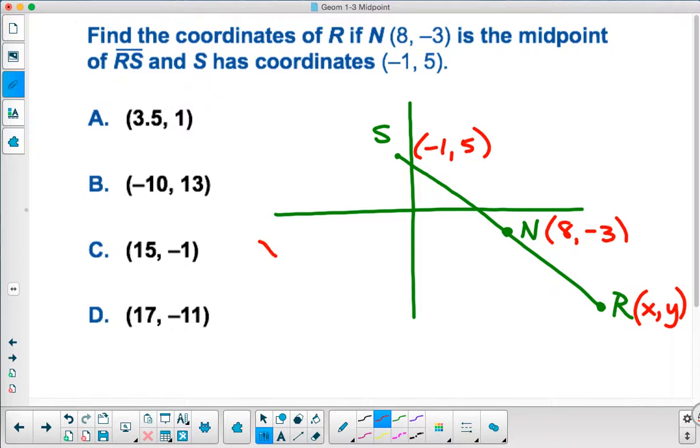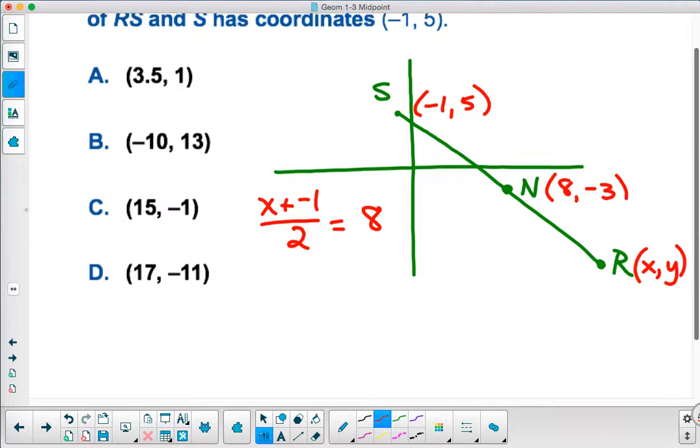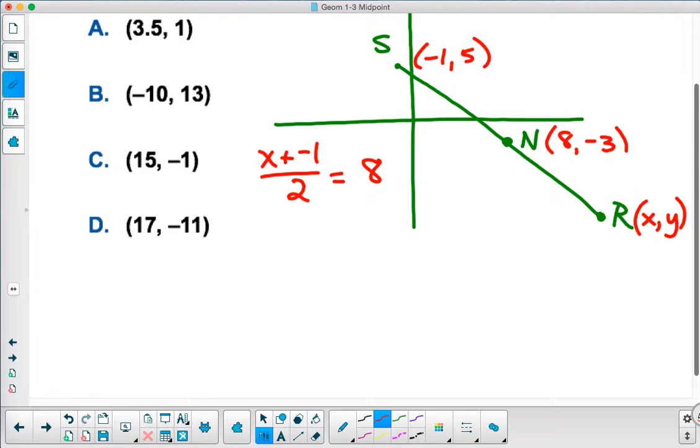So if I take the X plus -1 and divide by 2, that has to equal the 8, the X in the midpoint. And then the same with the Y. The Y part would be Y plus 5 divided by 2 equals -3. So we've got two separate equations that we can solve in order to come up with the coordinates.